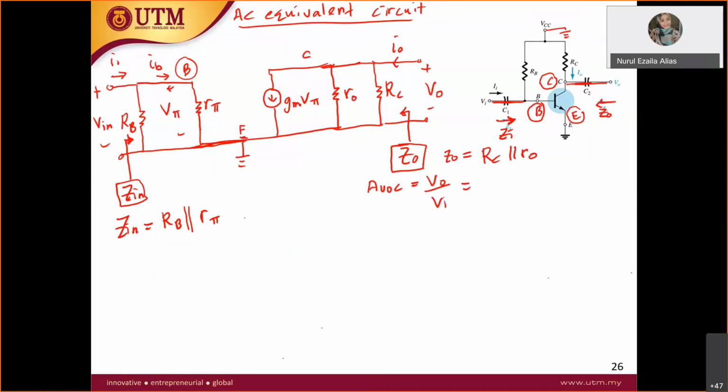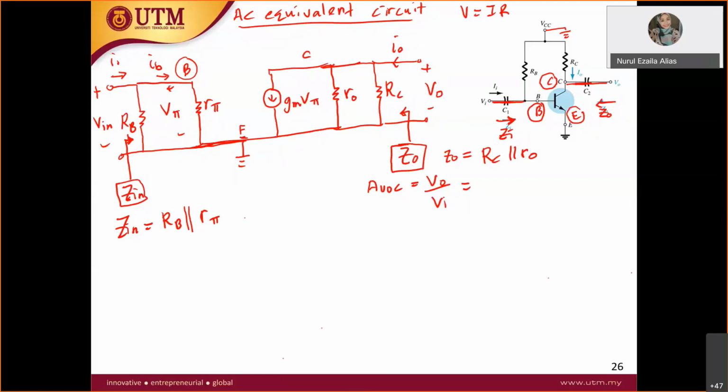Let's take a look at what V out is. V out is equal to IR, right? So what is the total current at the output here?